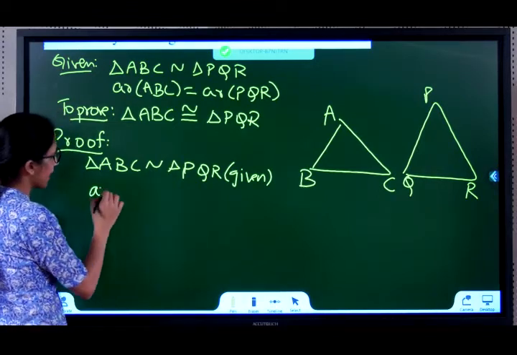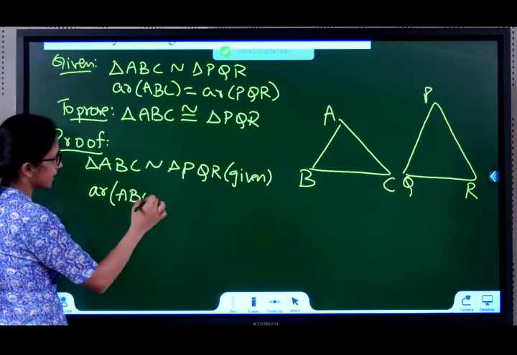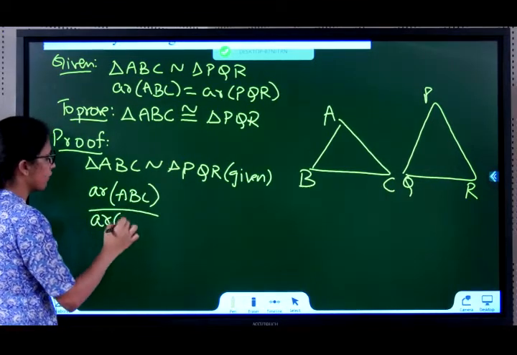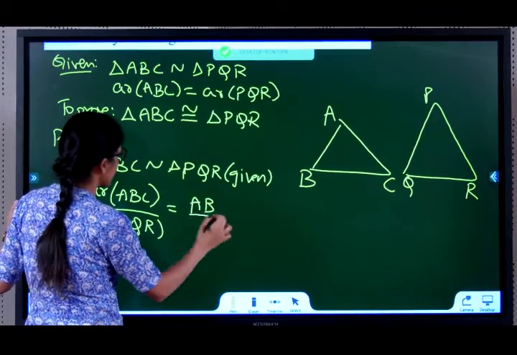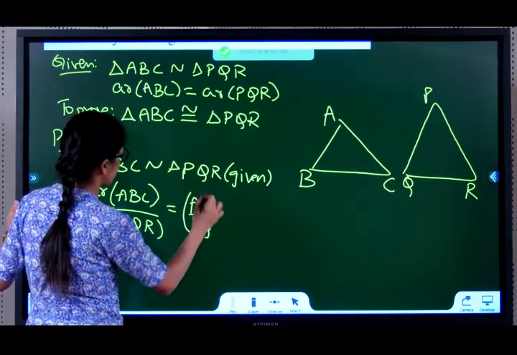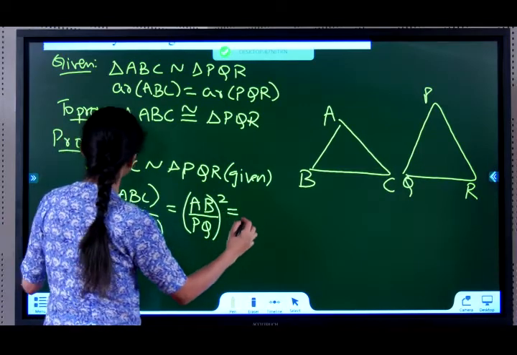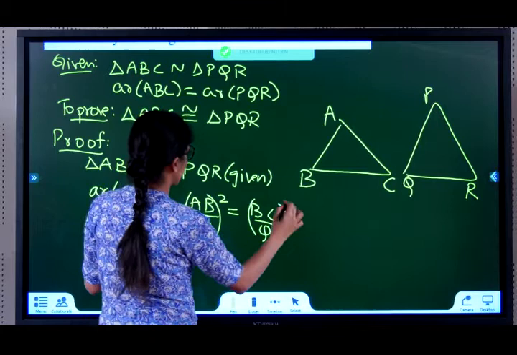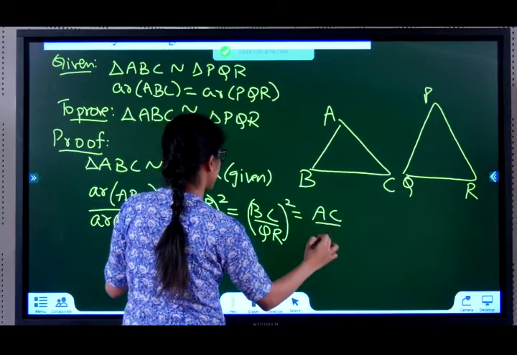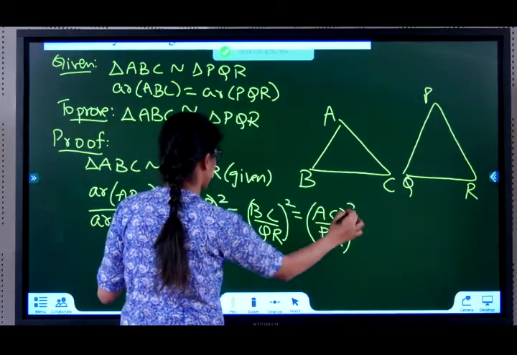So can I say area of ABC by area of PQR is equal to (AB by PQ) the whole square, is equal to (BC by QR) the whole square, is equal to (AC by PR) the whole square.